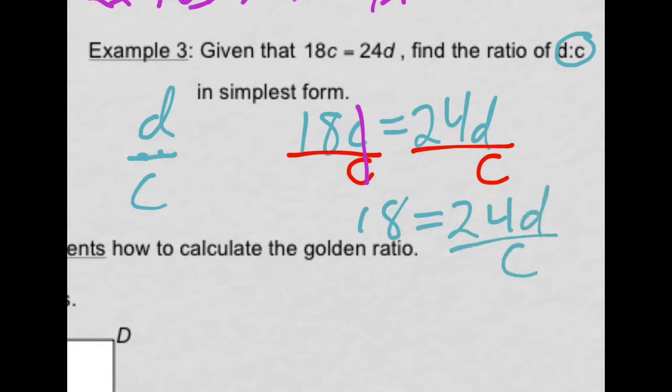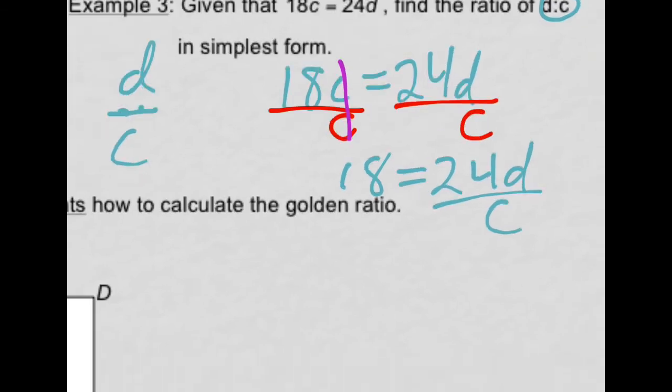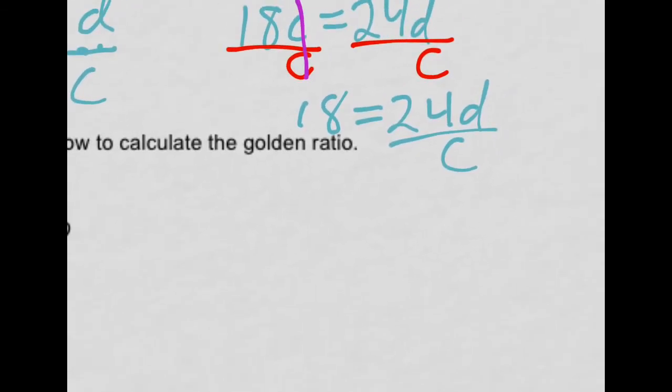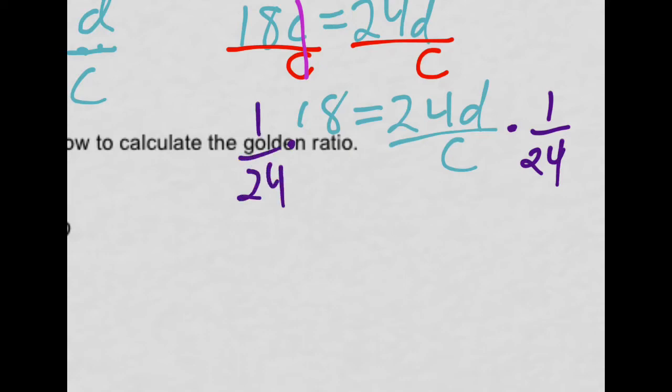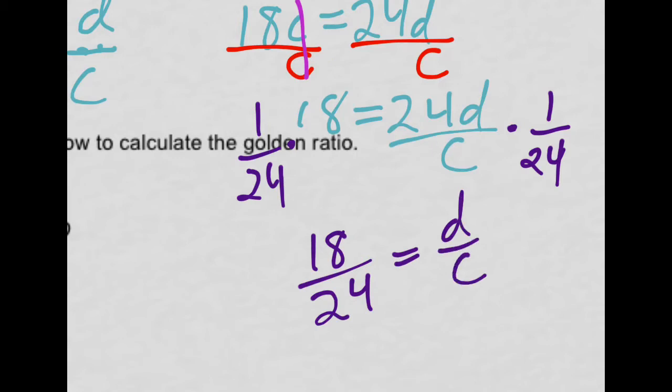So now I just need to get this 24 to the other side. And how do I do that? I multiply both sides by 1 over 24. And so I end up with 18 over 24 equals d over c.